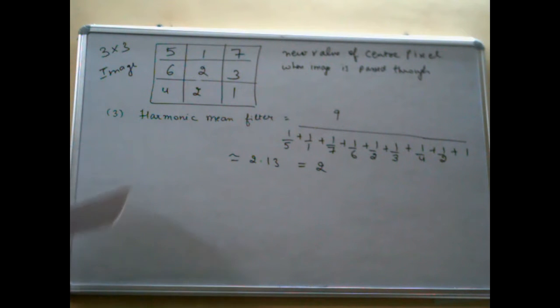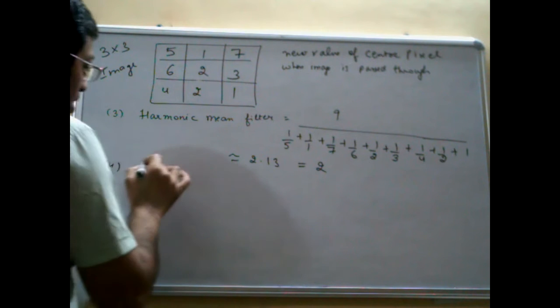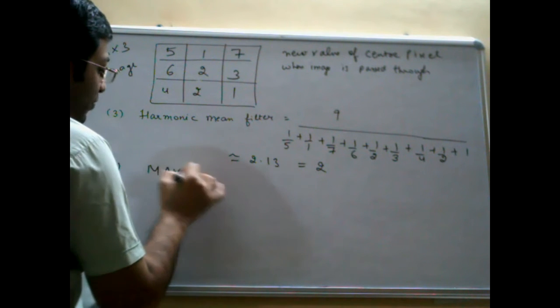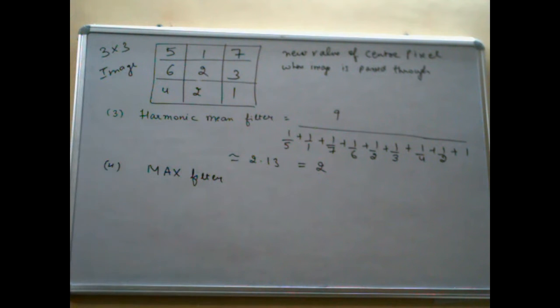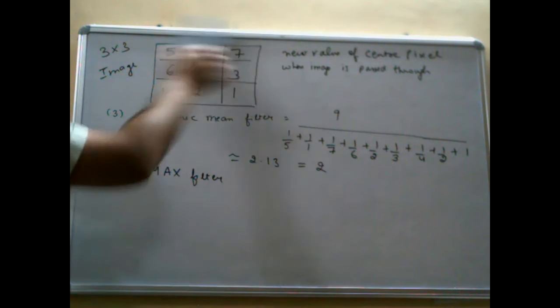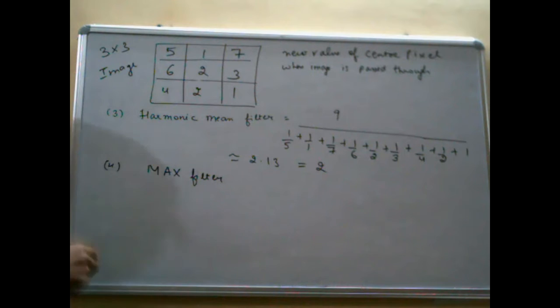Next comes the max filter. Max stands for maximum value. It is very simple. In the max filter, you just see the 3 cross 3 neighborhood.